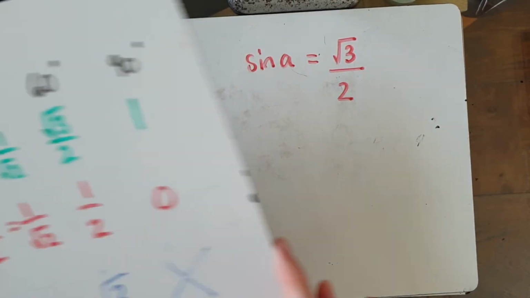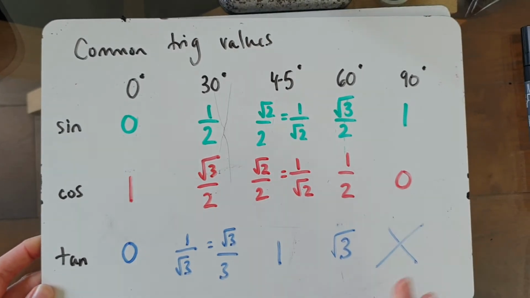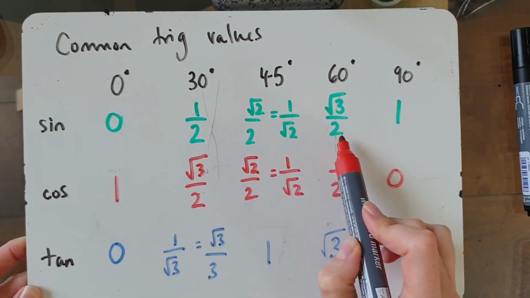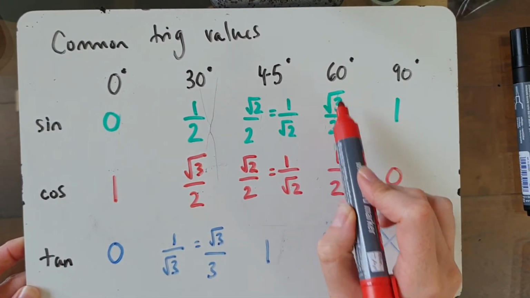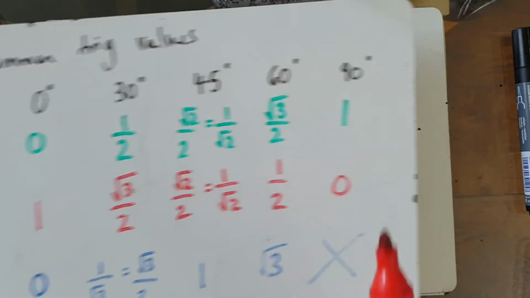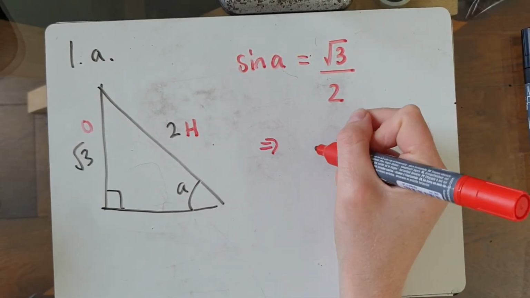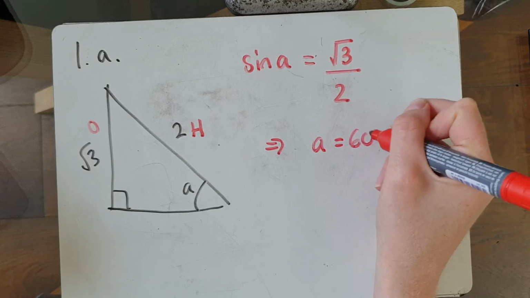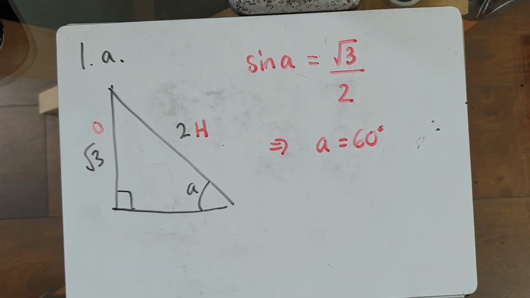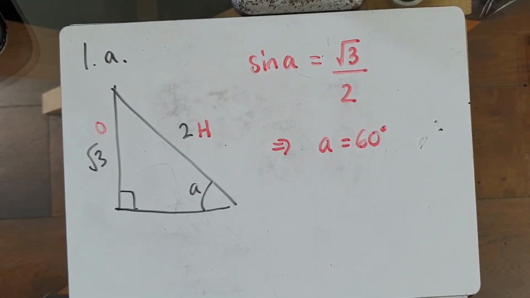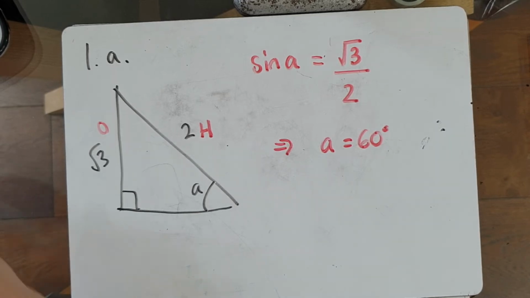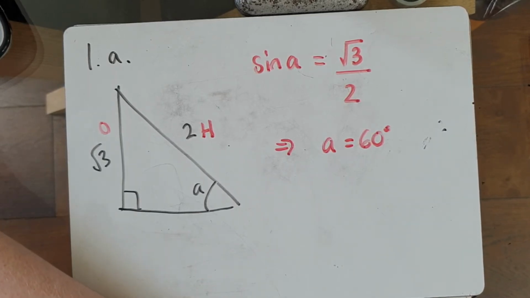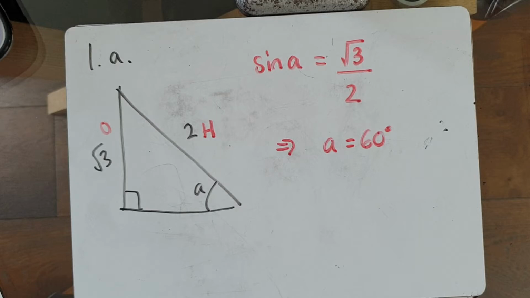If we look at our common trig values, sine root 3 over 2, the angle must be 60. So A equals 60 degrees. So we're just using the table that we've drawn to help us find the exact size of the angles. Part B.